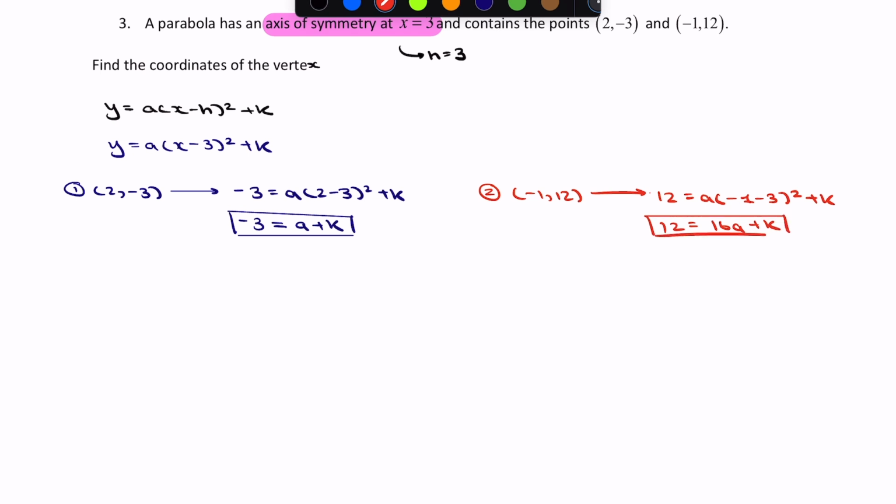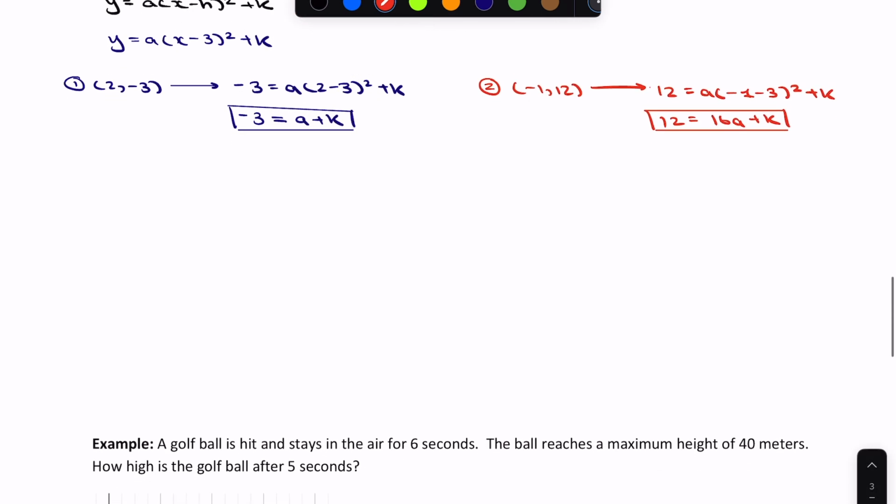Again, two unknowns, two equations, system of equations here. So again, our first is negative 3 is equal to a plus k. And here our second equation is 12 is equal to 16a plus k.